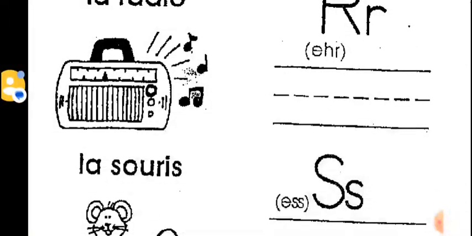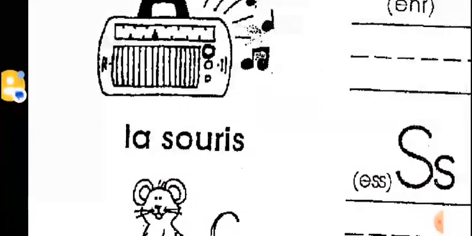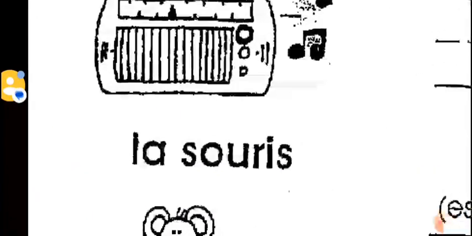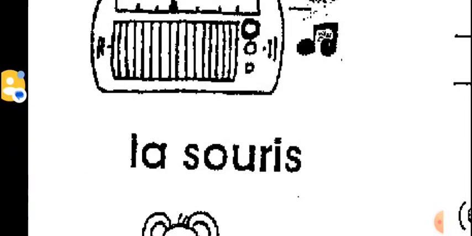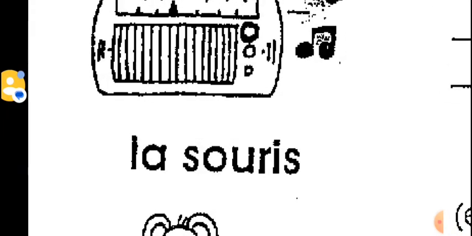And the next letter is la lettre S, which we're looking at. And for la lettre S, we have the word la souris. La souris. And how do we spell la souris? It is spelled L-A for la and S-O-U-R-I-S for souris. So la souris.